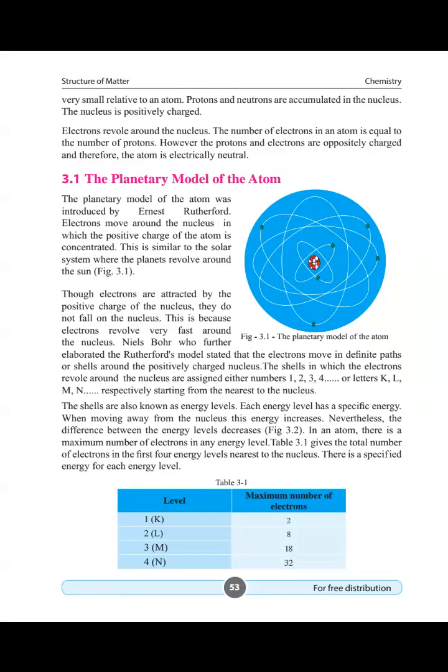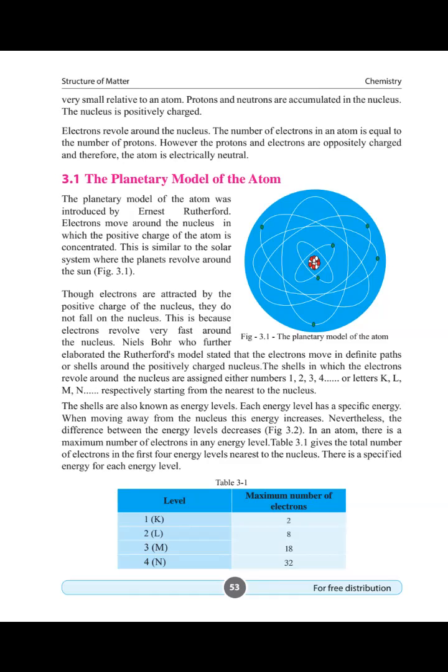Therefore, the nucleus is positively charged. Electrons revolve around the nucleus, so electrons are distributed all over, like the football ground. And the center is like the football. It has protons and neutrons.